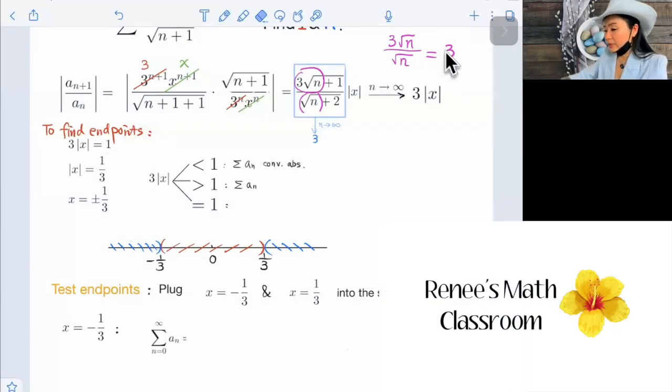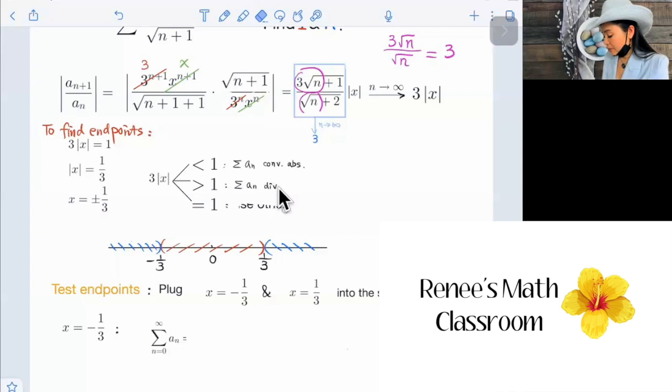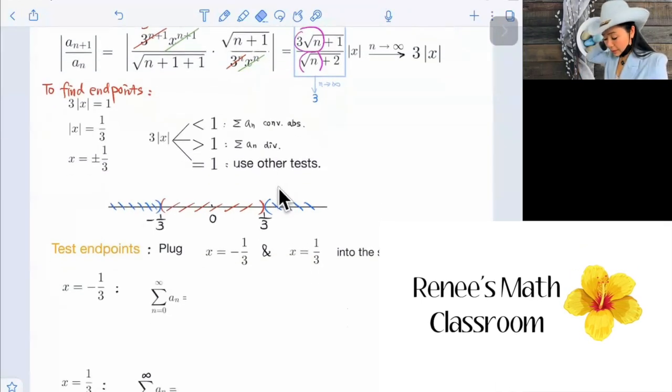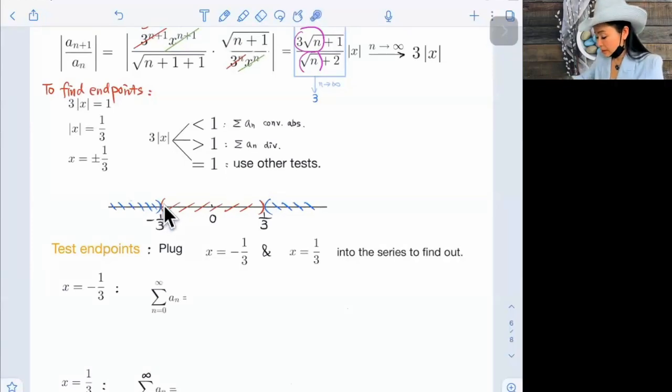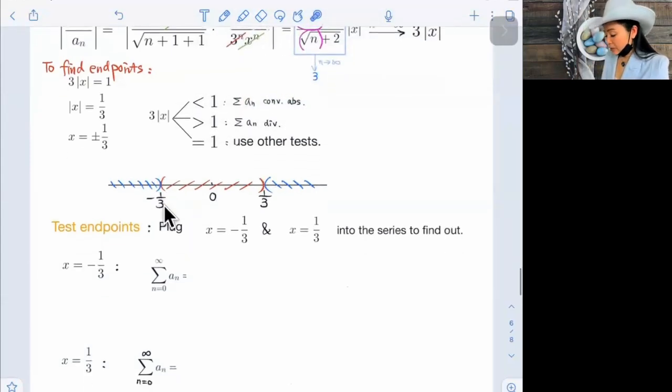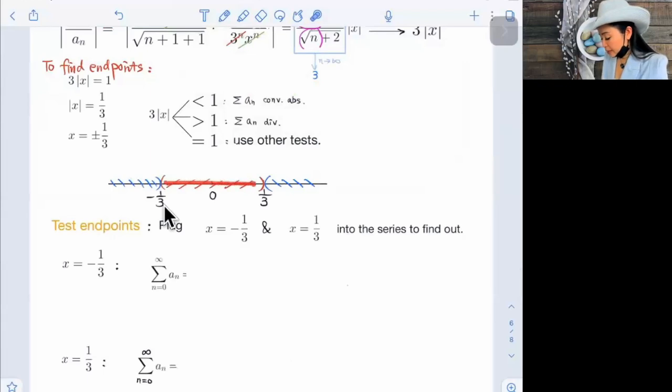And when it's greater than 1, the series will diverge, and if it's equal to 1, then you use other tests, right? So now we got this: negative 1/3 and positive 1/3. Now, we know that within this interval the series is going to converge absolutely.